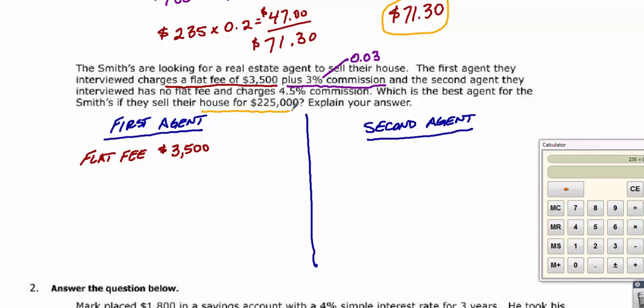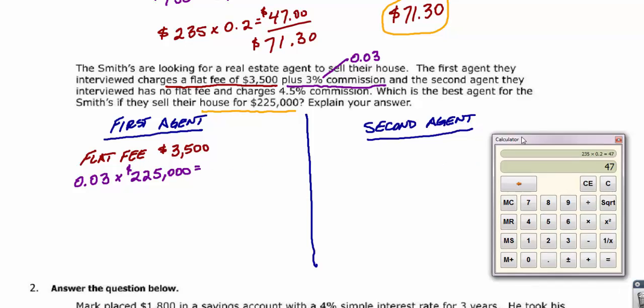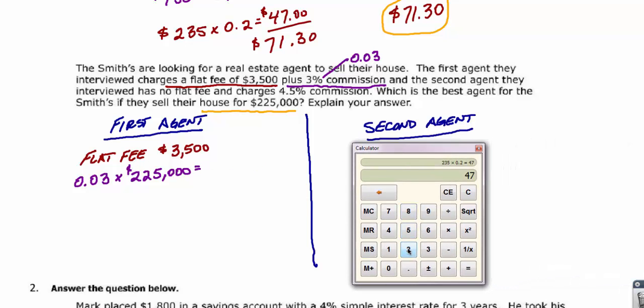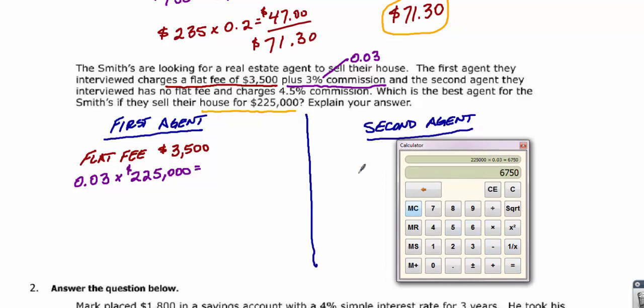So the house is selling for $225,000. So that's going to be 0.03 times $225,000. And if we plug that in, let's bring our calculator. 225,000 times 0.03 is $6,750.